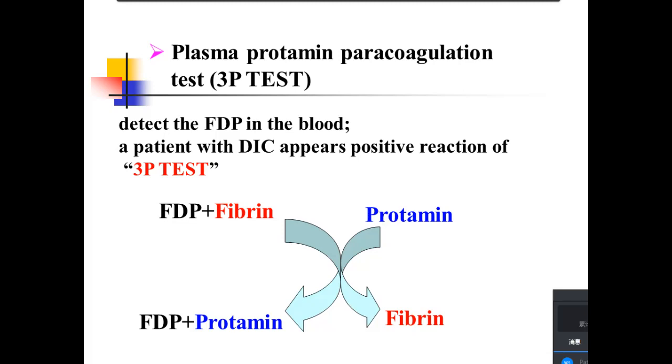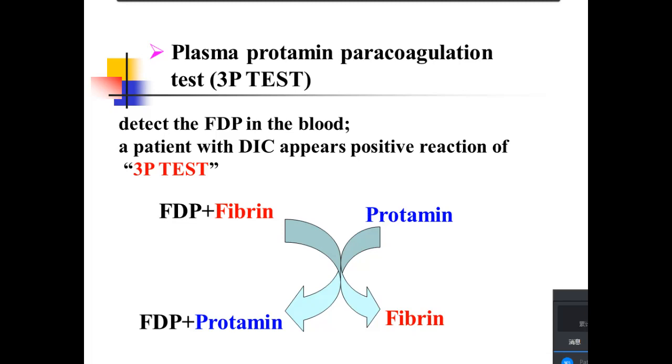So if the patient's blood has FDP and protamine is added, what will appear? A clot forms. So if protamine is added to the patient's blood and a clot forms, the 3P test is positive. Forming a clot is called a positive reaction. If no clot, it's a negative reaction.